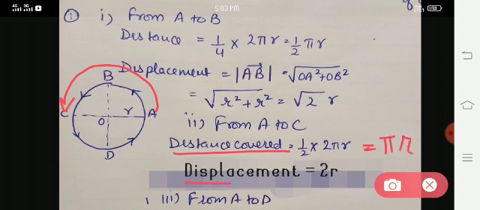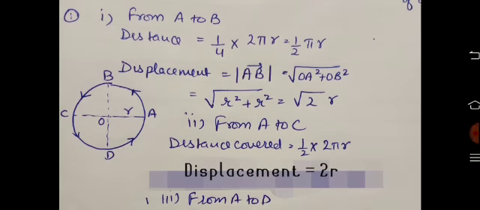And for finding displacement, since you have to find the shortest path between points A and C, the difference between the initial and final points is the displacement. So you can easily calculate this part also.